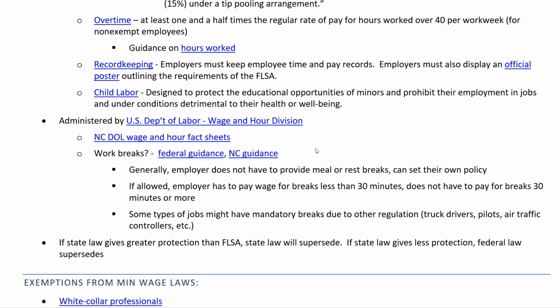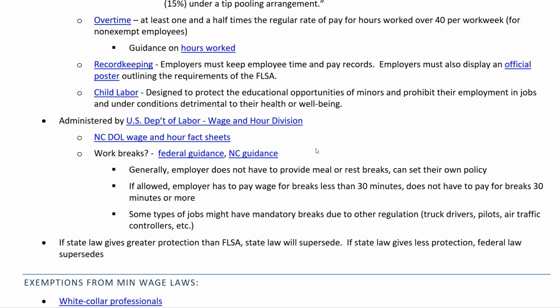There is an exception for younger employees, but for general workers over the age of 18, they don't have to. If the employer allows breaks, the employer has to pay for a break that is less than 30 minutes long, but does not have to pay for breaks that are 30 minutes or longer.